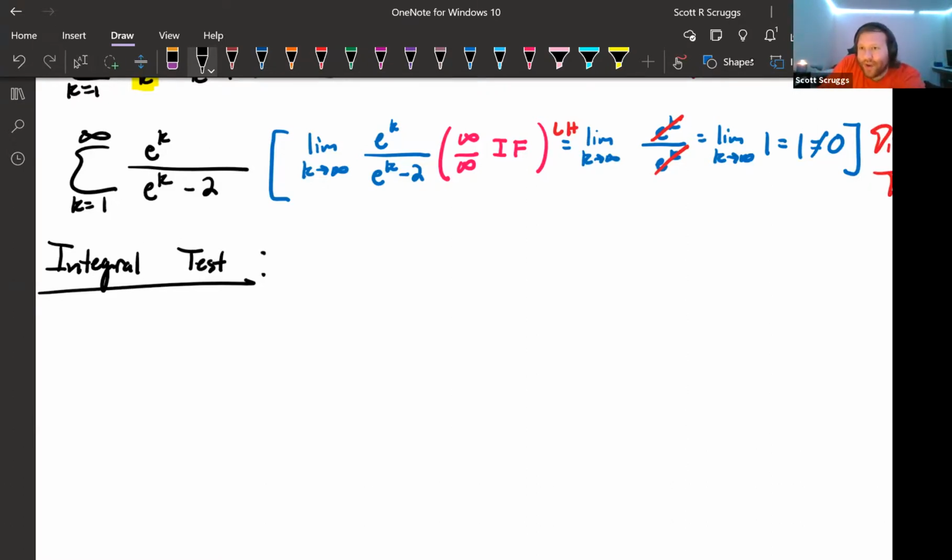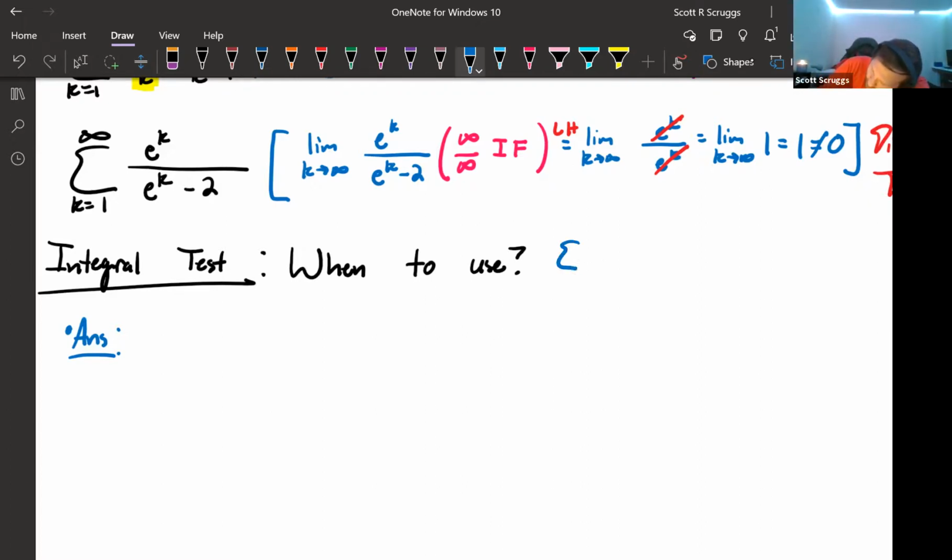First question to ask always when you see a new series test: when can I use that test? And the answer to that is if it would be very doable to take the integral of the terms in the series.